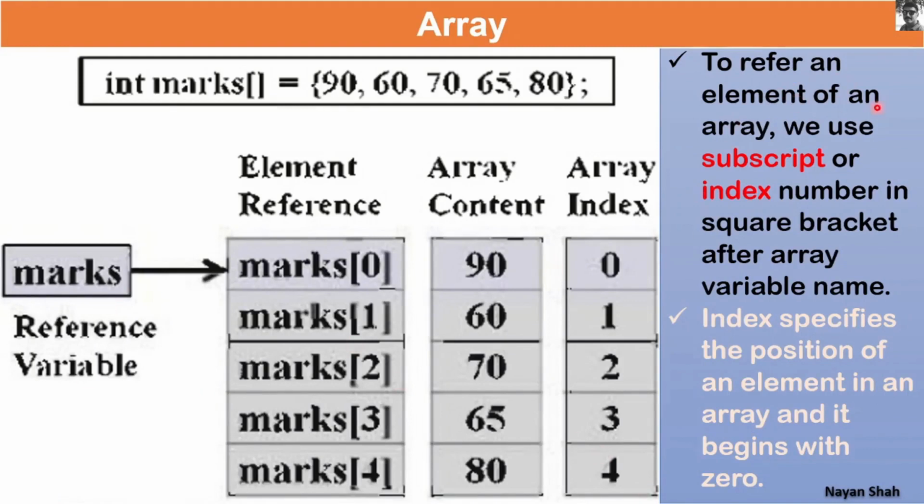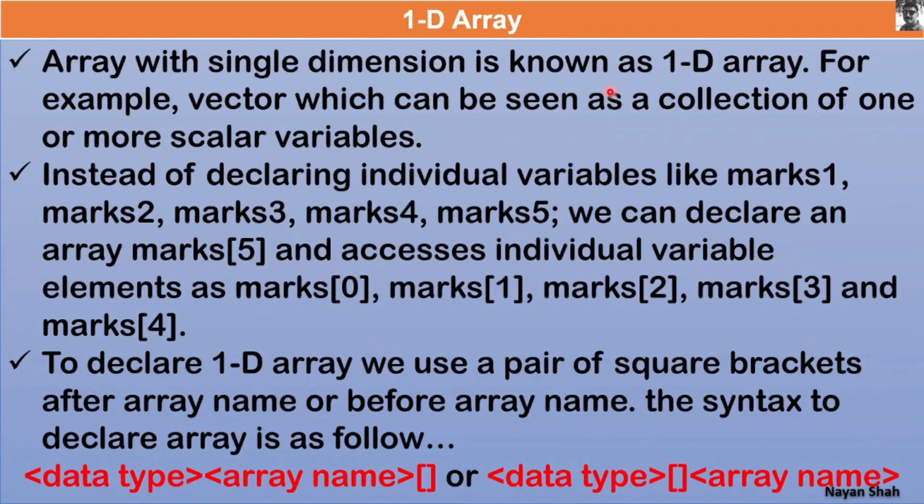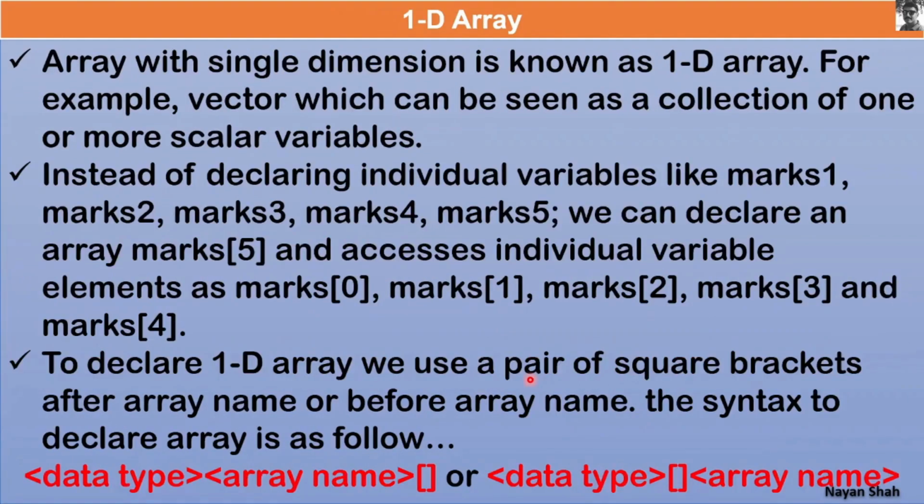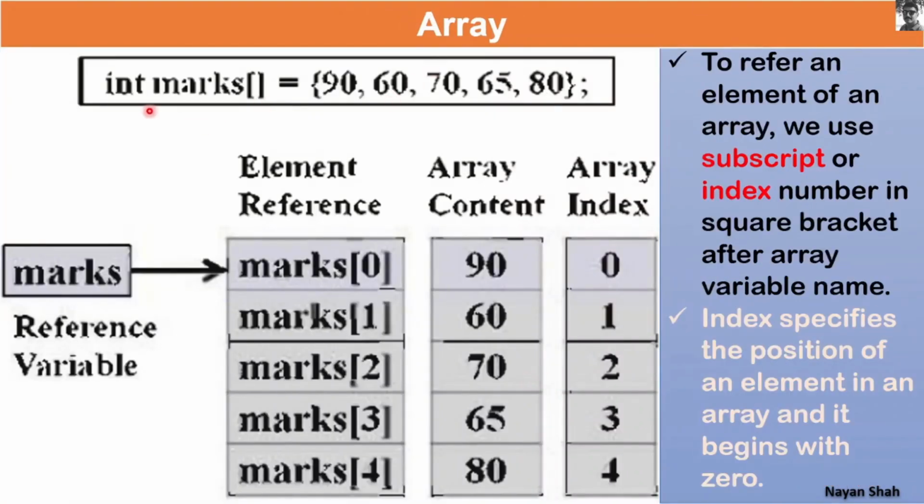When you are creating an array by specifying values, to refer to an element of an array, we use a subscript number or index number in square brackets after the array variable name. As we've seen here, we created an array by specifying values and not by specifying size. That is this second method. By specifying values, we have created the array object int marks[] = {90, 60, 70, 65, 80}.